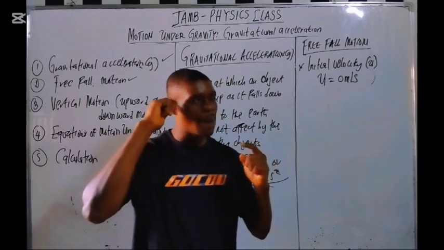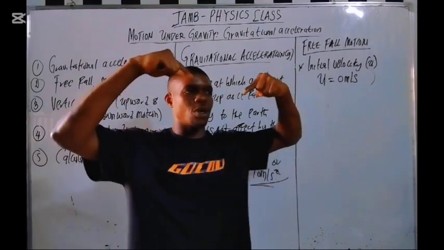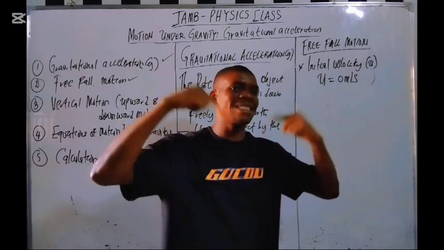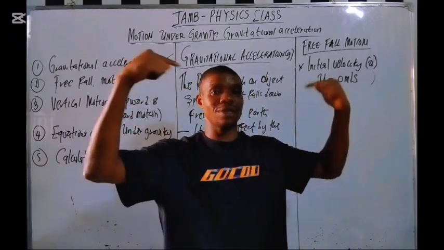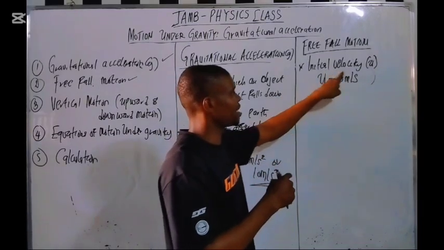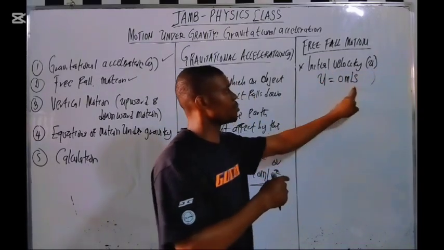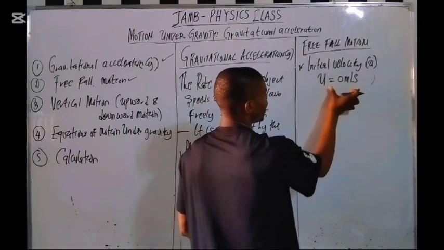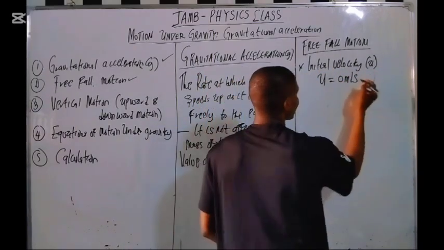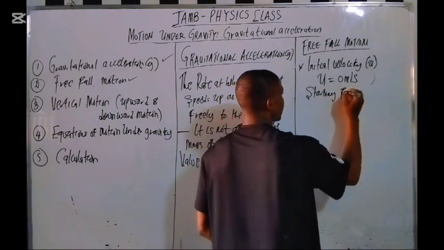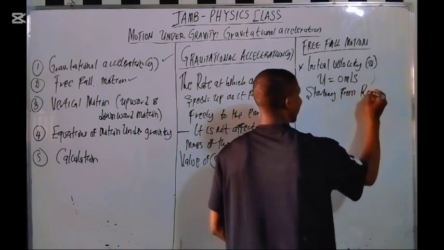So if you talk about free fall motion here, it is when the force acting on the object is gravity, and anything that is affected by gravity is falling downward. The first thing to understand is the initial velocity, which we call u, 0 meters per second, starting from rest.